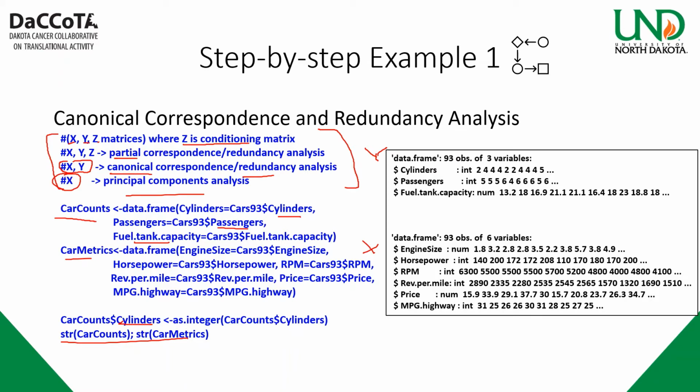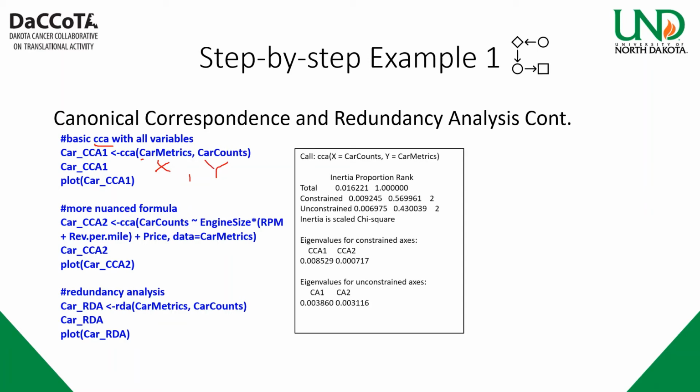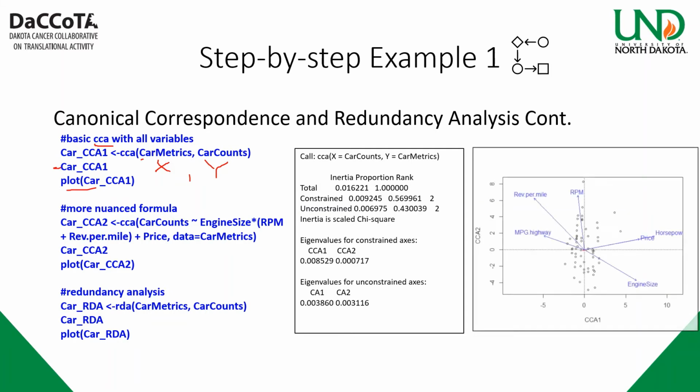Okay, so let's start here with a basic CCA with all variables. This is going to be our X and our Y variable here, and this is the output of just calling this. And then if we want to plot it, we can do a biplot here. What we see here is our X variables, our car metrics, are these blue.